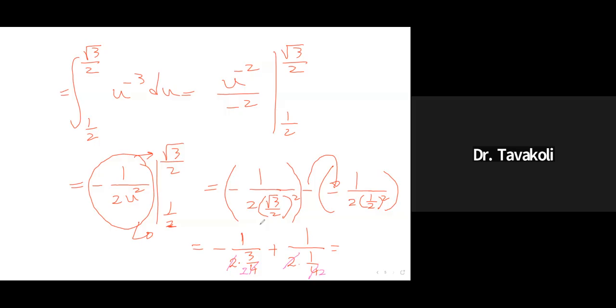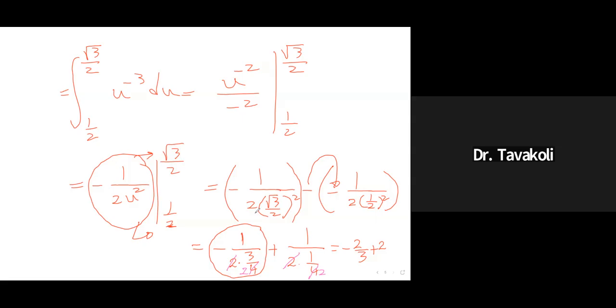So the first fraction is minus 1 over 3/2, which is the same as minus 2/3. And the second fraction is plus 1 over 1/2. 1 over 1/2 is the same as 2. Again, the first fraction here, minus 1 over 3/2. 1 over 3/2 is 2/3.